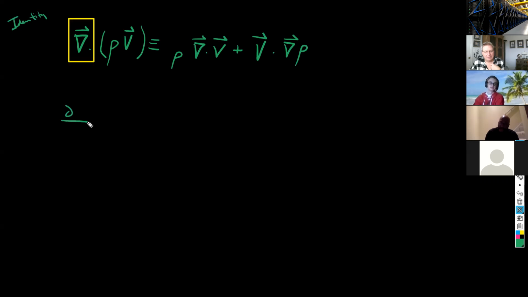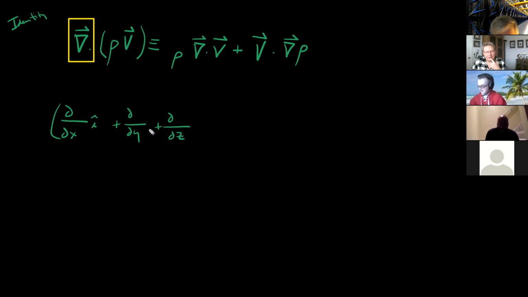It is d/dx plus d/dy plus d/dz. But because it's a vector, I need to put i hat, j hat, k hat, right? What is this?